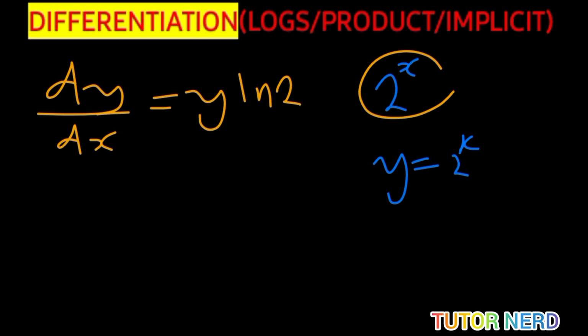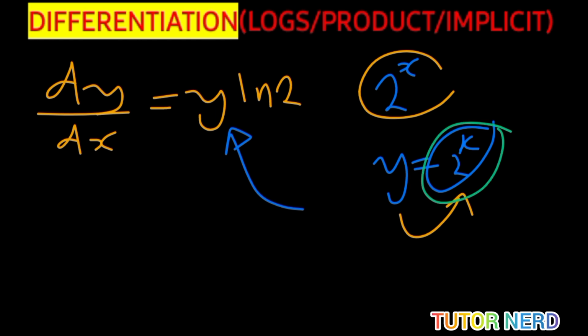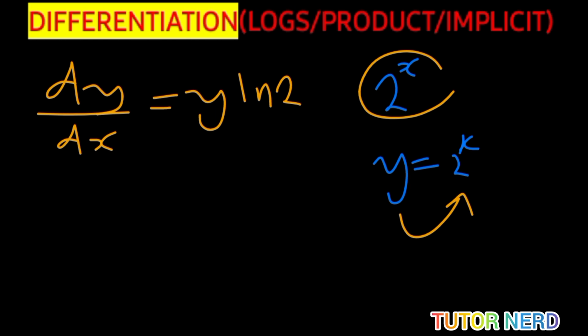In our final answer, we're having y, and the value of y is 2 to the power x. Where there's y, we put this 2 to the power x. Then we are done. We have solved the question. Very simple and very easy.